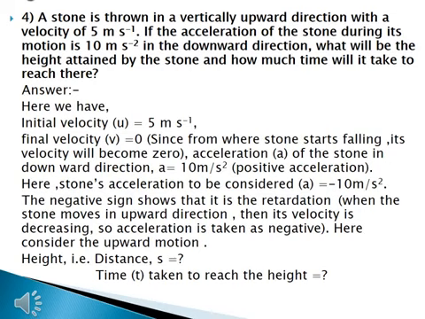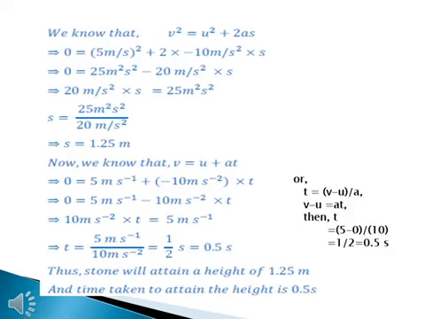In this question, we have to find the height, that is distance s, and the time t taken to reach the height. Here we use the third equation of motion: v square minus u square is equal to 2as. Then v square is equal to u square plus 2as.